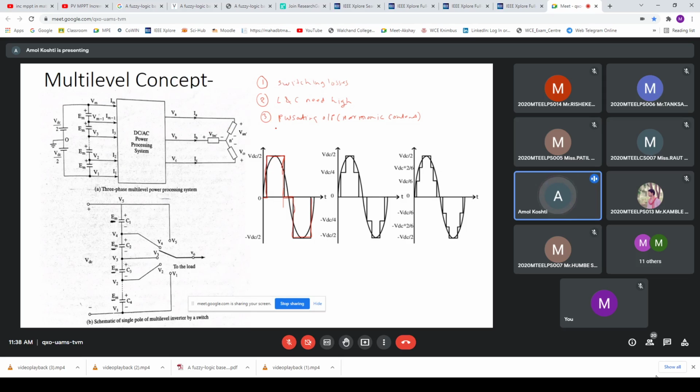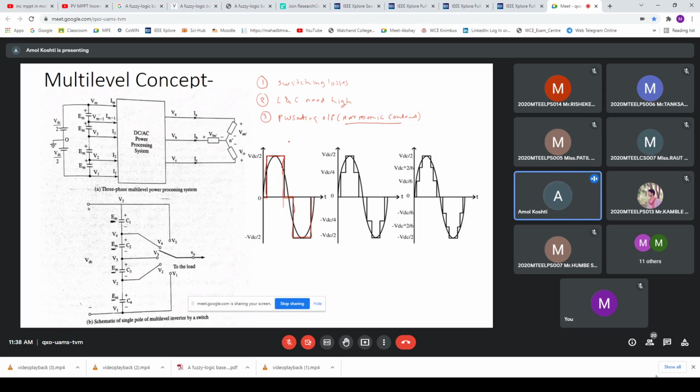The Fourier series is applied to that output voltage formula, and from that it is concluded how much harmonic content is there in the rectangular pulse at the end of the inverter. From these formulas and calculations, it is observed that the harmonic content is more in the two-level inverter. These are the three important reasons.